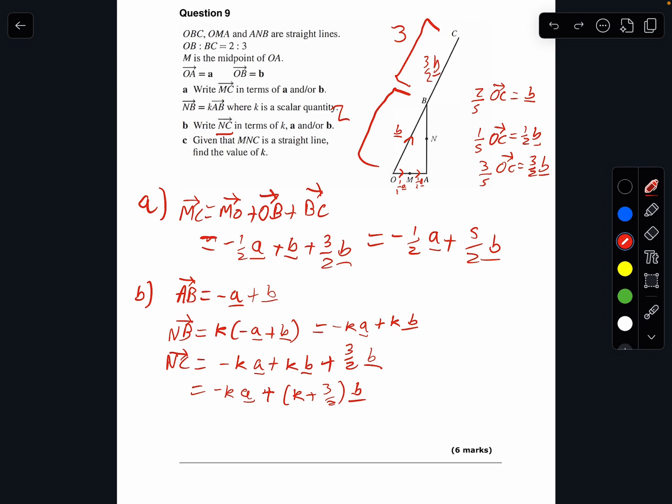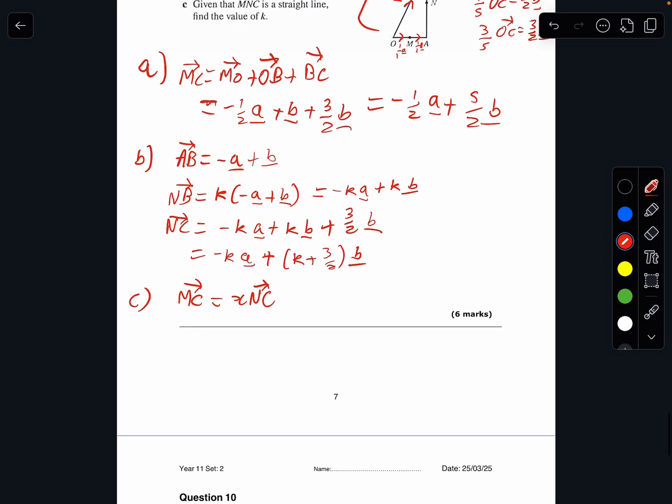What I am told is that because they are a straight line, MC and NC need to be a multiple of each other. Okay, so to write that down, I'm going to say that MC is some multiple, we'll call that multiple x, of NC.